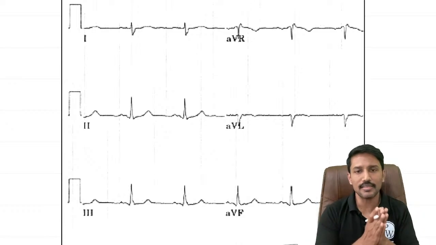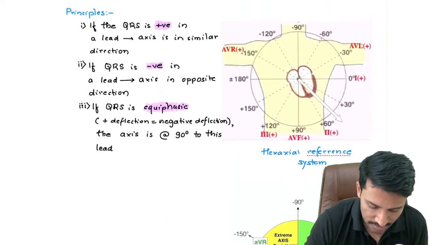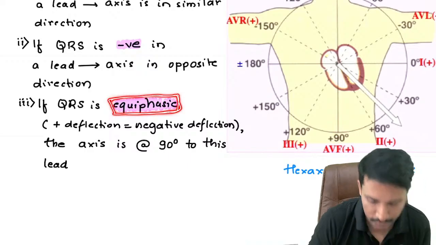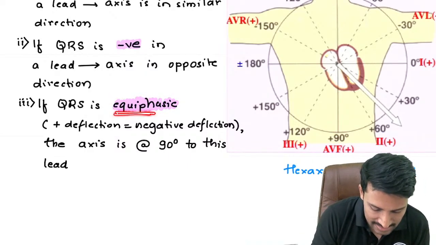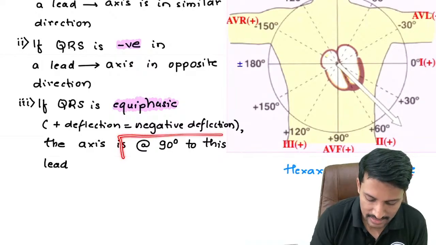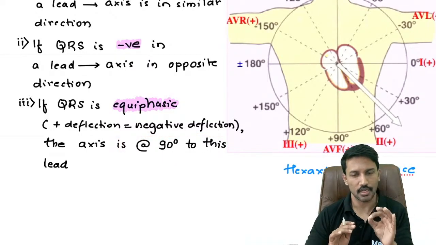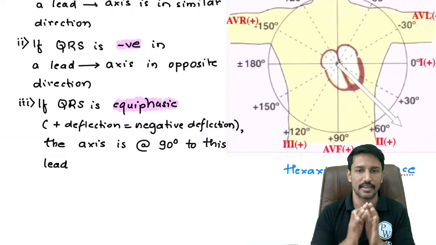So lead 1, it is equiphasic, right? So we have to identify which lead the QRS is equiphasic, where R and S are equal. And the axis of deflection is exactly 90 degree to this. Whichever lead is showing equiphasic QRS, the net axis is exactly 90 degree to it.